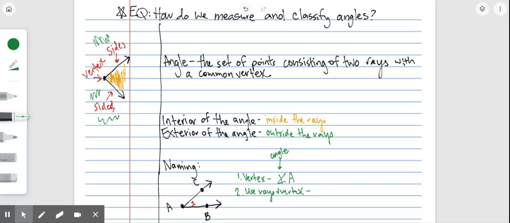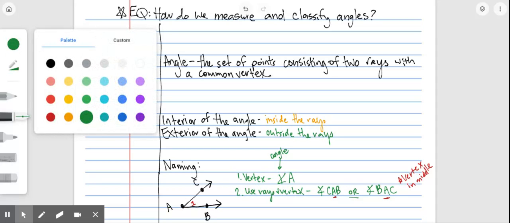So I could name it angle CAB or angle BAC. Okay, I cannot use any other type of name because the letter A or the vertex has to be in the middle. And in fact, I'm going to mark that. The vertex in the middle. It has to be, because that's how it is read for all mathematicians.